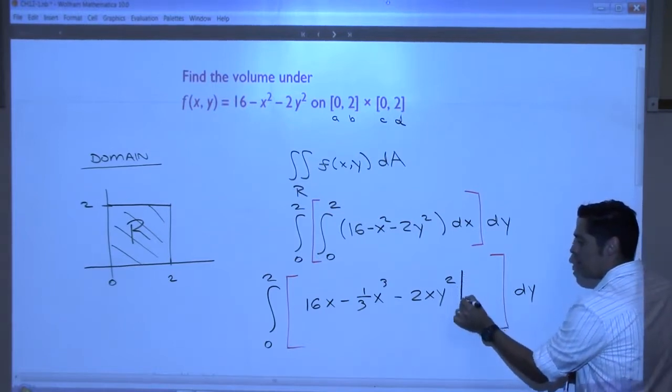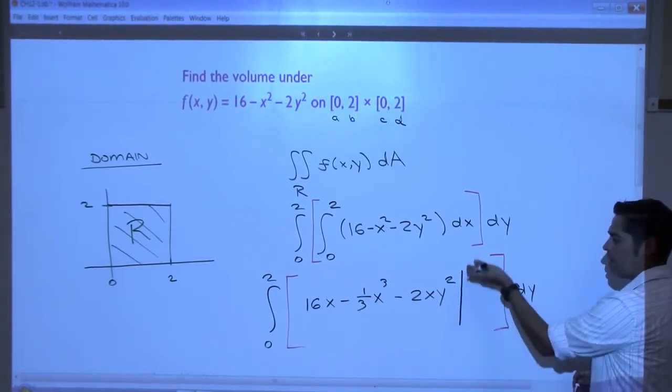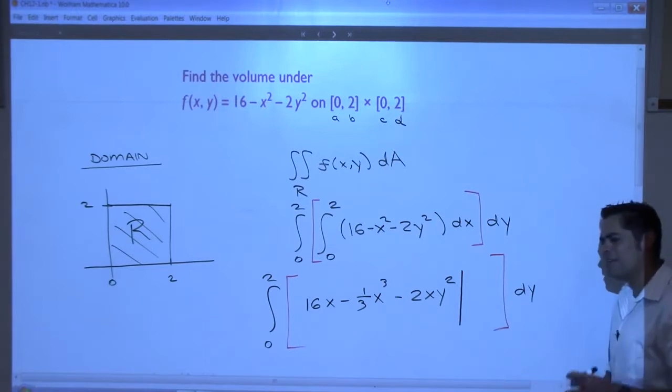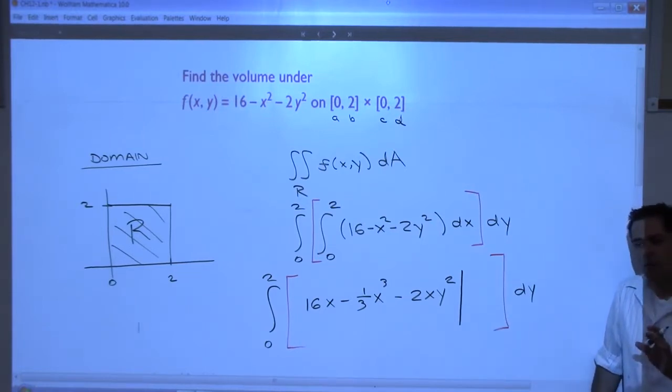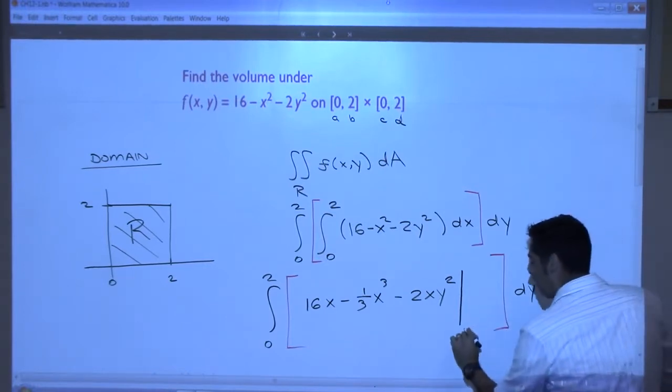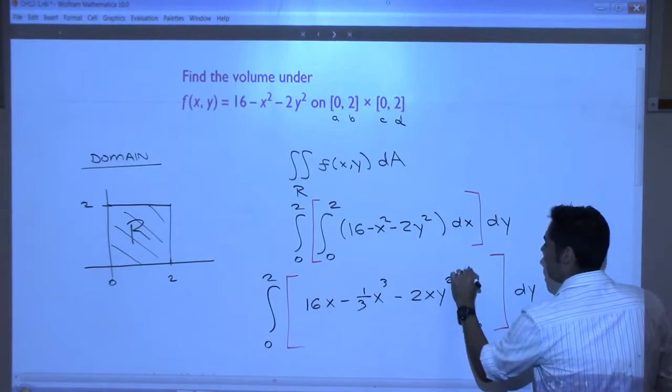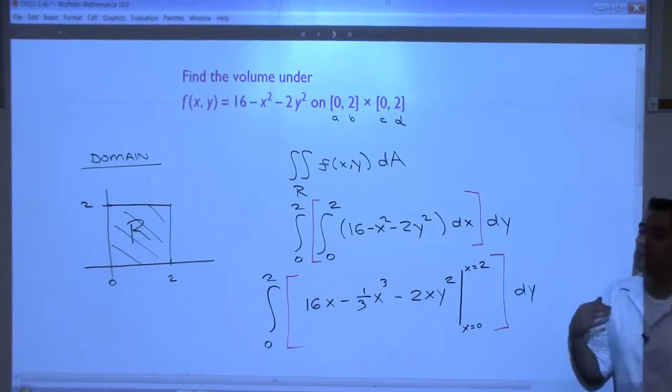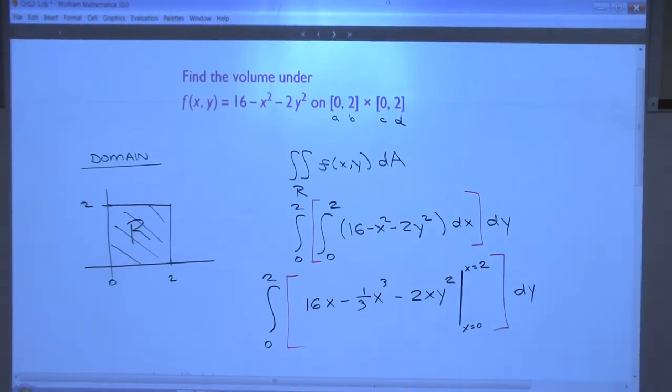But we want to evaluate this where and where? 0, 2. Now we need to be a little more specific. What is it that I'm going to be replacing with 0 and 2? The x or the y? The x. So we're going to start writing down x is 0 and x is 2. And that's because we don't want to confuse ourselves, especially when we get to triple integrals.